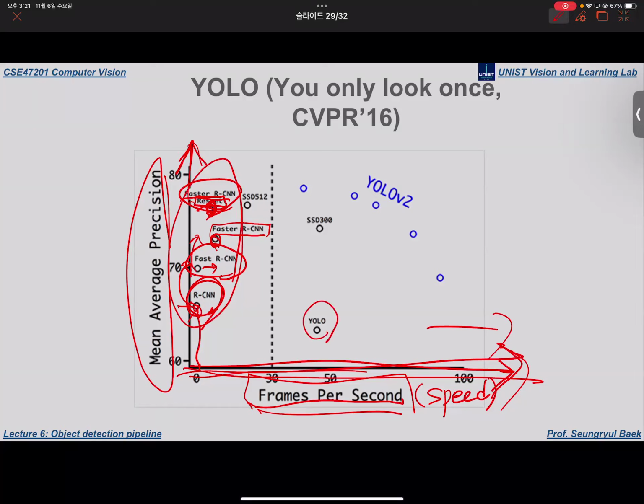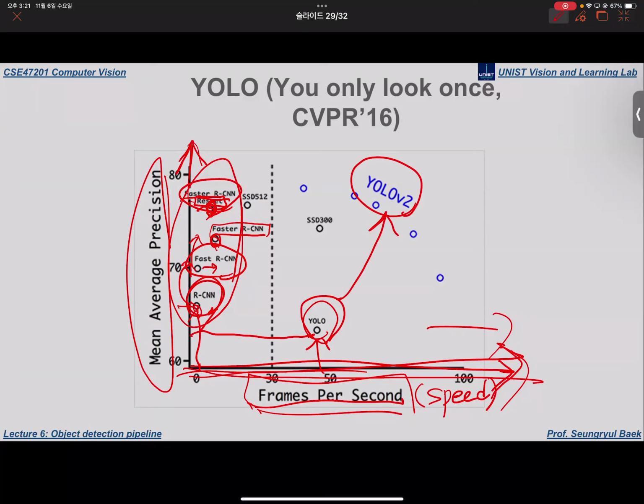And YOLO that we just learned is here. It's very fast because it is a one-stage algorithm. But the thing is, its performance is less than that of the RCNN. Okay, but YOLO has continually improved.